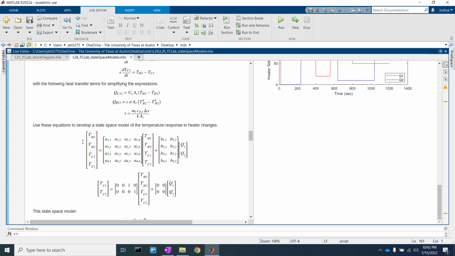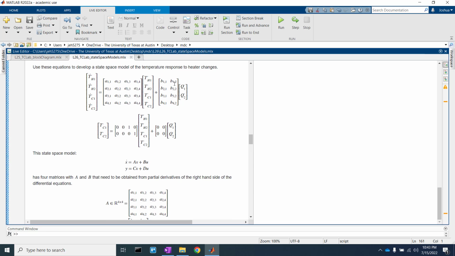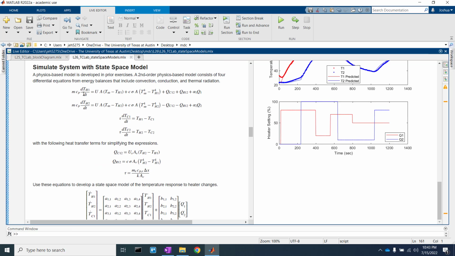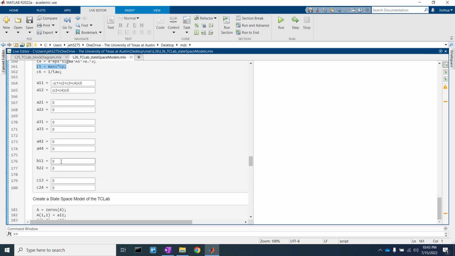So does T1 depend on TC1 or TC2? Well, let's look at these equations. The derivative with respect to this is nowhere there, so we're good. The only thing we have left now is the U portion of the matrix, this portion right here. So how is T1 affected by Q1? Well, it's just multiplied by alpha. So Q1 multiplied by alpha. Let's find our B11 right now while it's on our minds.